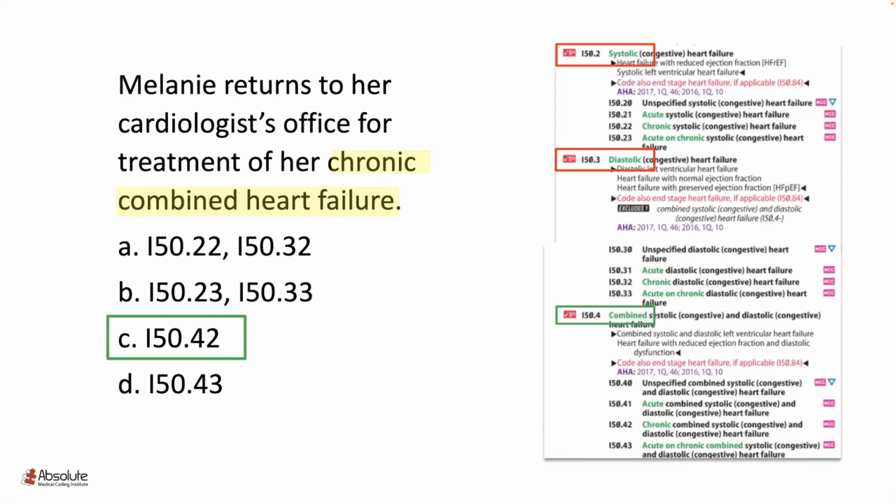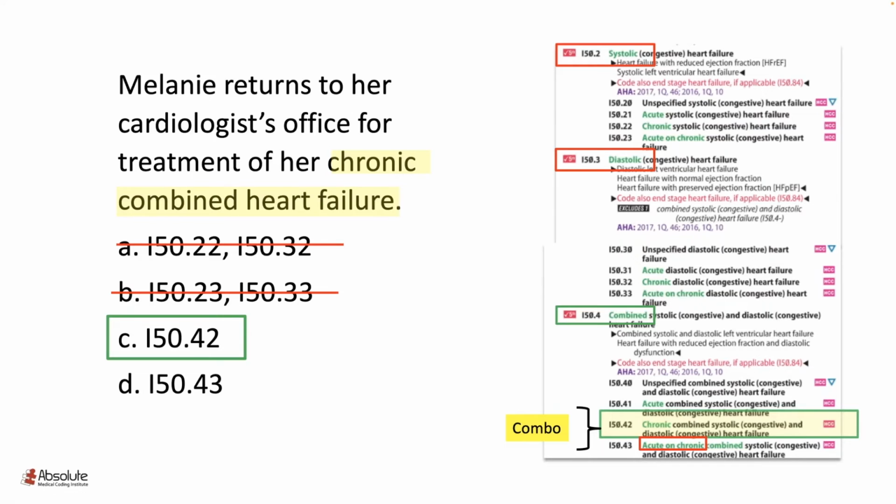it. All right. So this subcategory I50.4, then you go down, you can code more specifically for chronic combined systolic and diastolic heart failure. So A is incorrect, B is incorrect, and C is incorrect because this is not acute on chronic combined.